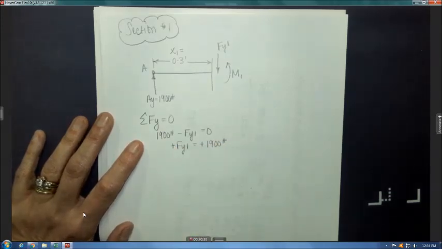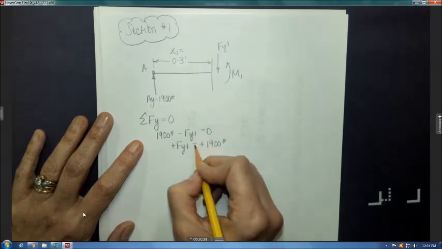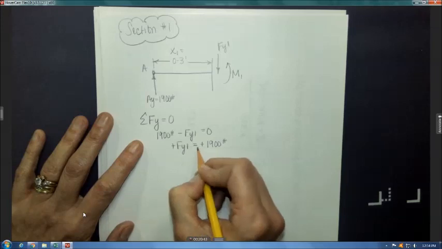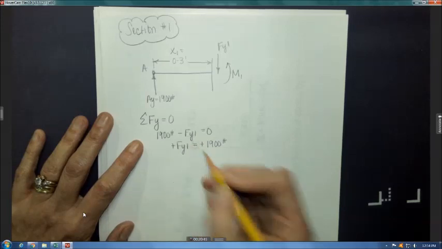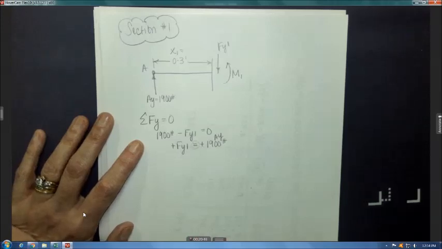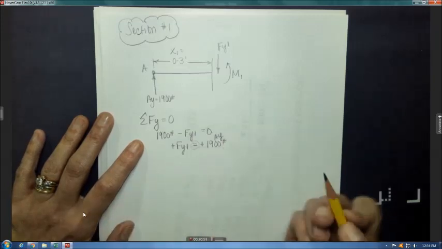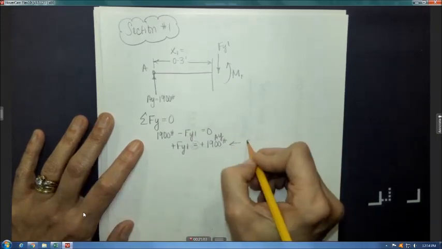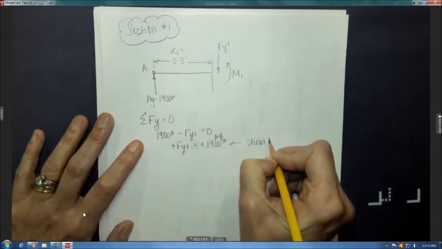Now for this, as I look, this is the internal force, the shear force that I'm solving for. This is my equal sign on my spreadsheet, so the 1,900 here is my AY value. Do you see that? So this number I'm going to pull from the reaction sheet. So this is my shear 1.